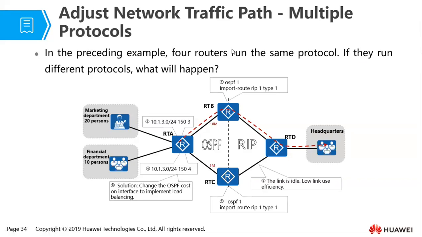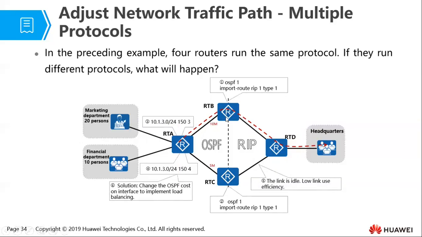What they're saying here is we have OSPF running between those routers and RIP running between these routers. So what problem can occur if we have routers in the same routing domain running different protocols?